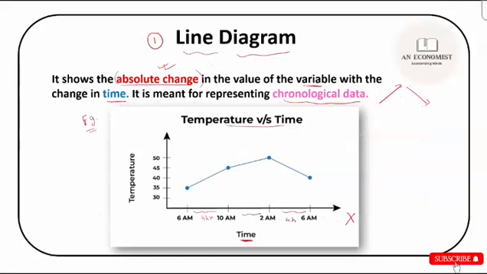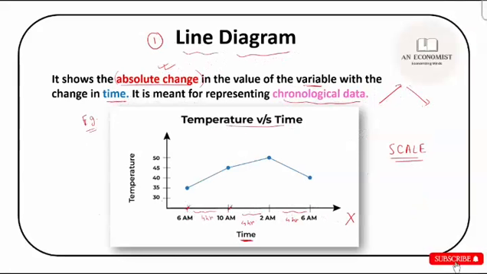Usually we take a scale for each of our axes, right? Whenever you are drawing a line graph, you have to mention a scale for your graph. If you are writing this manually on your copy, suppose you are taking this to be 1 centimeter.